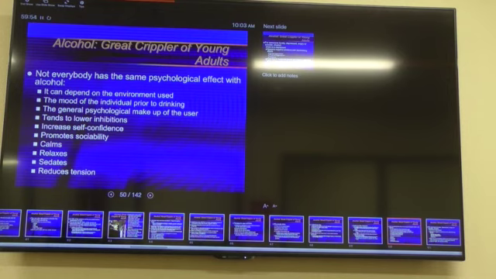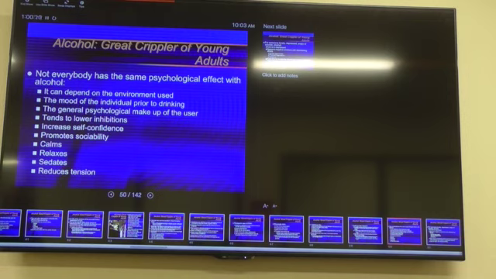Not everybody has the same psychological effects with alcohol. It can depend on the environment where it's used. If you use it in a bar, that's kind of a happy place, or maybe at a party. That's another happy place. But if you're drinking all by yourself, curled up in your chair at home, this is not a good environment to get drunk in.